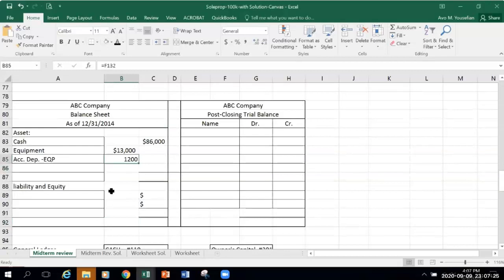Okay, so let's draw a line. Now this number has to go on the right side. So equipment less accumulated depreciation, that's the net equipment.